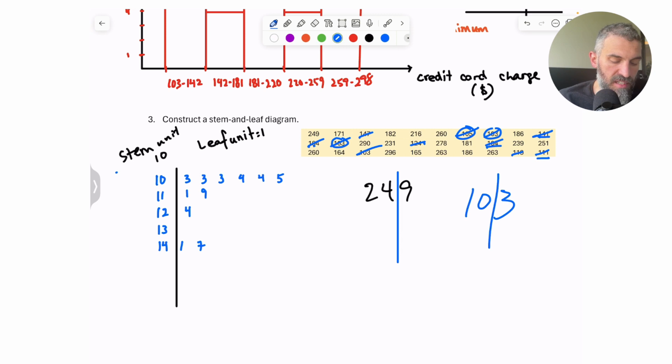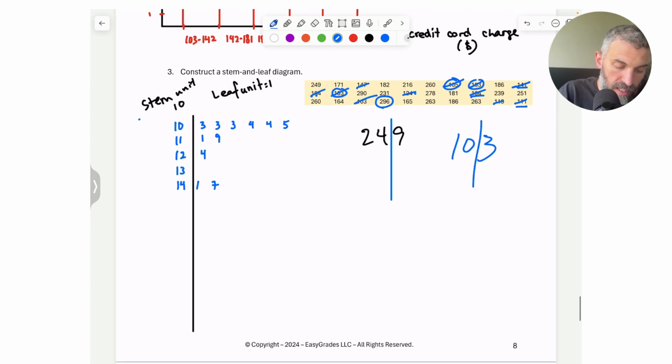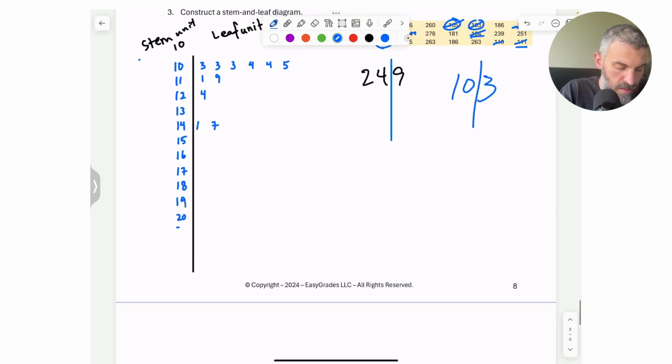And basically, we're going to keep going until we've entered our largest number. And you see here, I'm going to be basically pushing the limit of the categories, because if you look at your largest number, the largest number for us was 296, which means I need to go all the way to 29. So 14, 15, 16, 17, 18, 19, 20, 21, 22, 23.